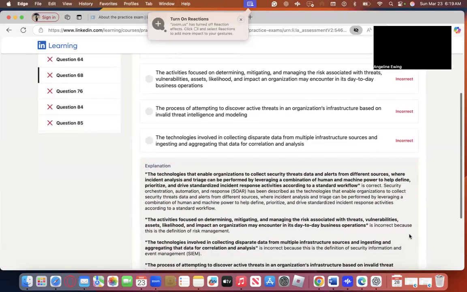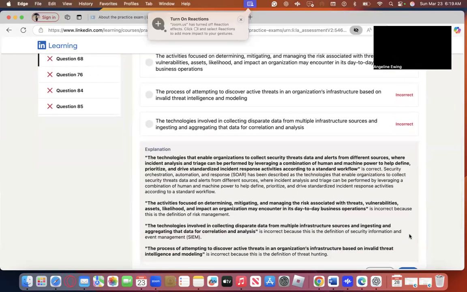The definition of risk management is the activities focused on determining, mitigating, and managing the risk associated with threats, vulnerabilities, assets, likelihood, and impact an organization may encounter in its day-to-day business operations.